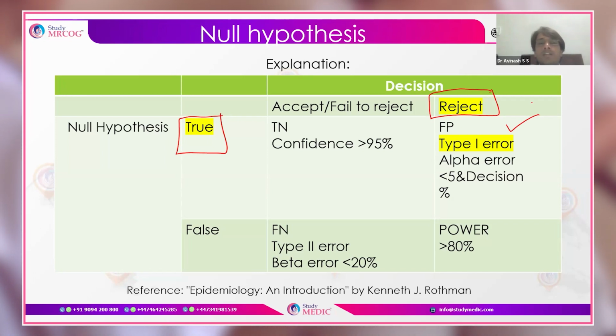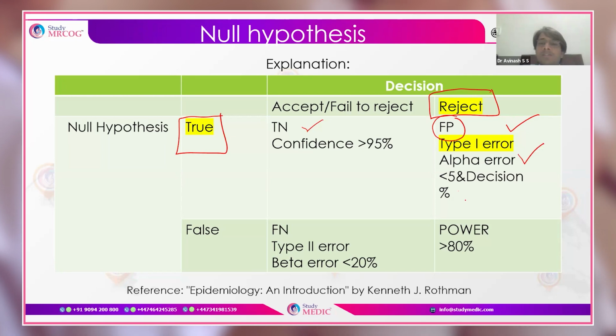Actually, the null hypothesis states there is no difference. Or there is no difference in glucose between men and women. That is the null hypothesis. We know it is true. So we should conclude that there is no difference. But instead, we are rejecting the null hypothesis and concluding that men have a higher glucose level compared to females. That is, we are giving the false positive, type 1 error, also called alpha error.